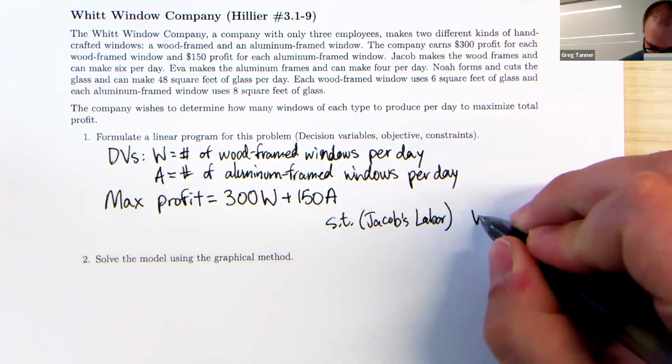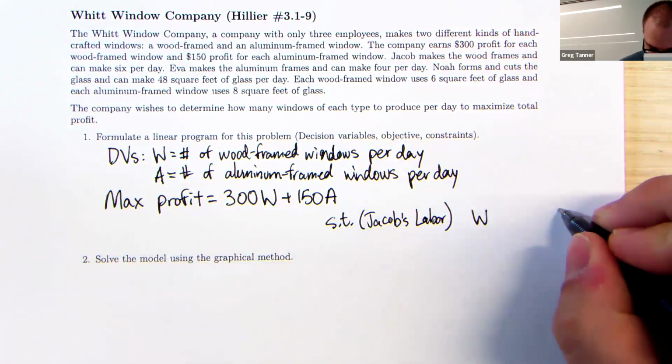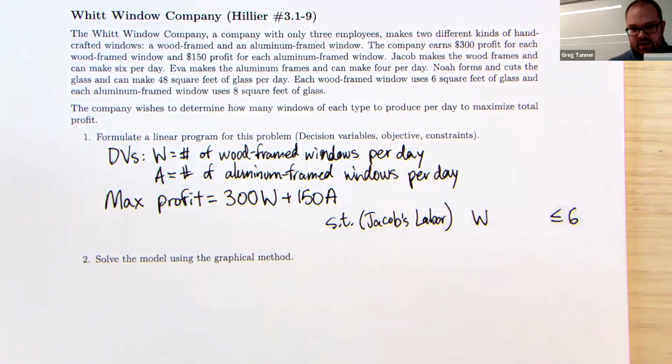And so we get W is less than or equal to 6. We've got specialized labor here. Only Jacob makes wood framed windows, or at least does the framing. And so we can only make as many wood frame windows as he's able to make.